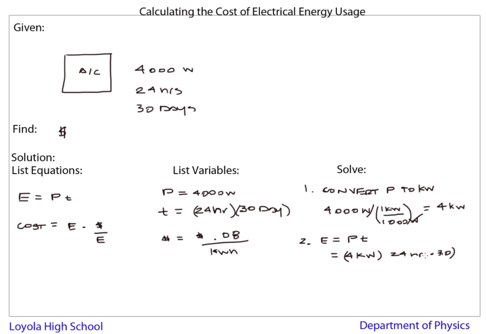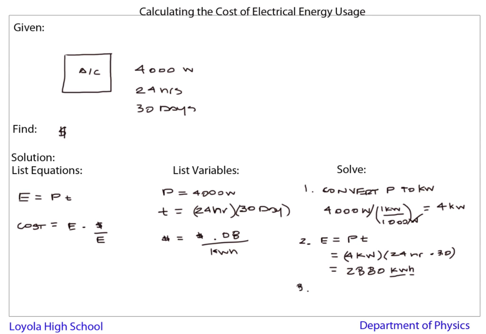So 30 times that, which is 2,880 kilowatt hours. So this is a power times a time. And that's the typical unit you'll see on an electric bill, kilowatt hours.